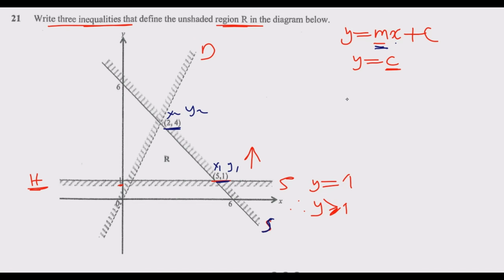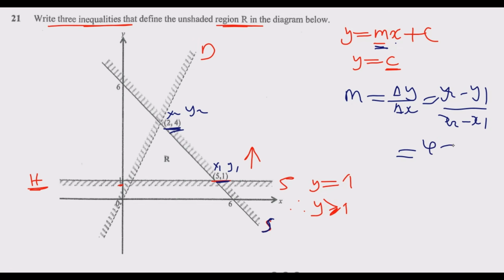The gradient m is given by change in y over change in x, which is y2 minus y1 over x2 minus x1. y2 is 4, y1 is 1, x2 is 2, and x1 is 5. So we have 4 minus 1, which is 3, over 2 minus 5, which is negative 3. This gives me negative 1.